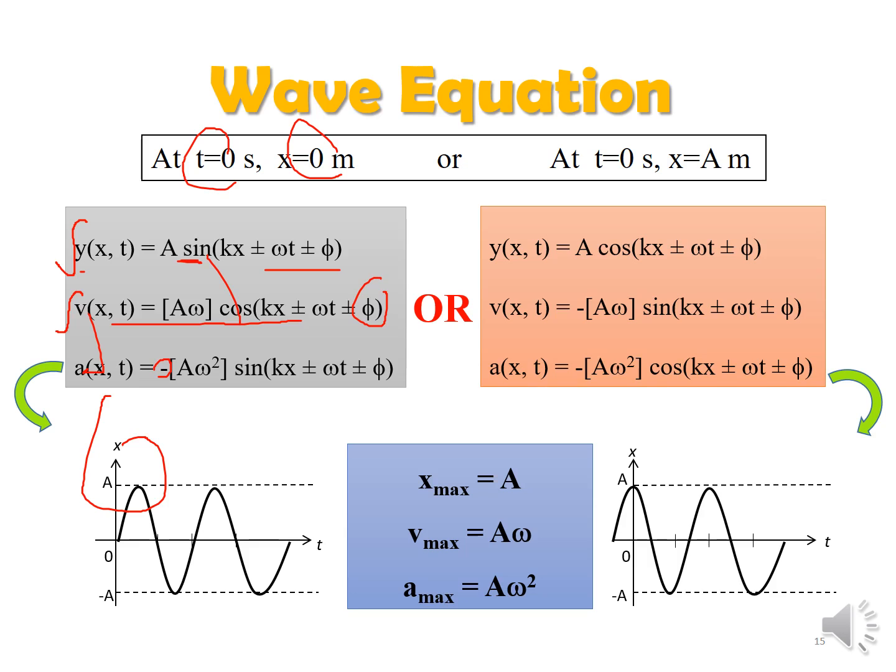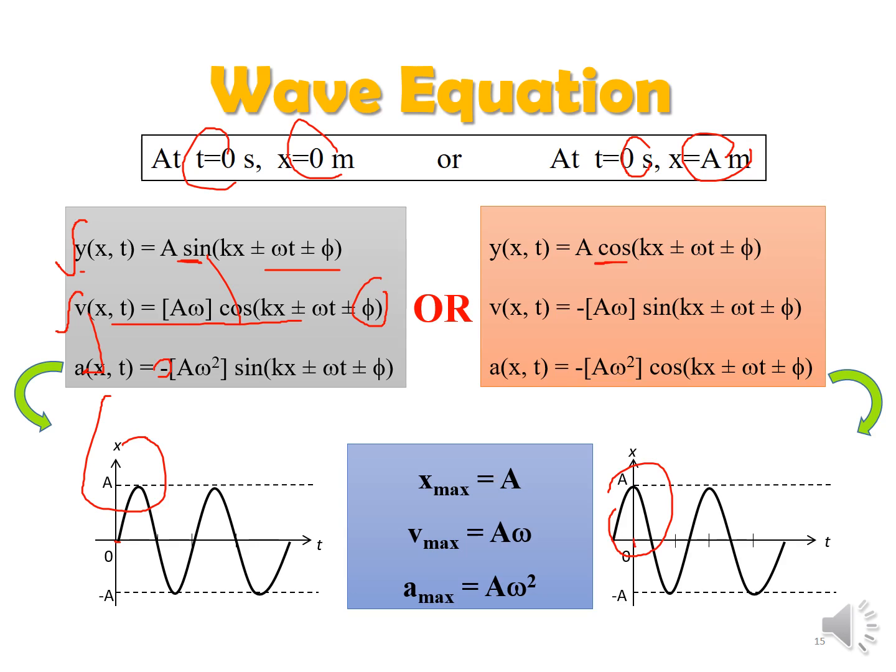This graph represents the sine graph because the displacement starts from sine. As you can see, it starts at t equal to 0, x also equal to 0. The second graph represents the cosine graph, because at t equal to 0, the displacement is at A meter, which is the maximum height and amplitude.